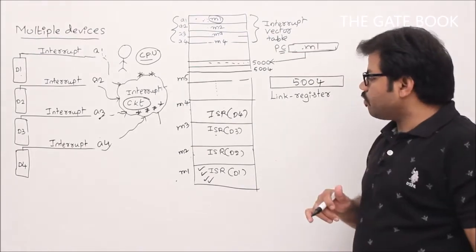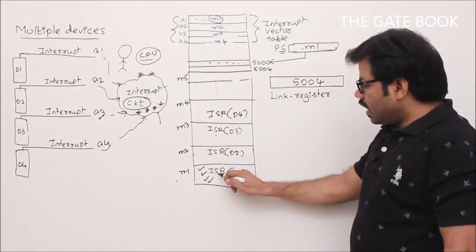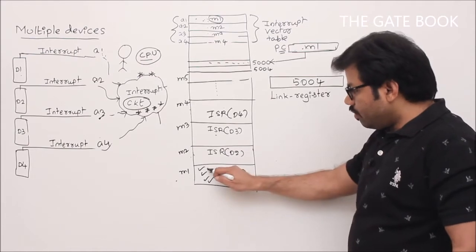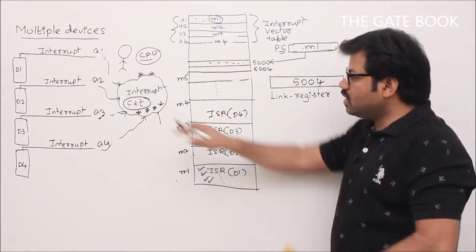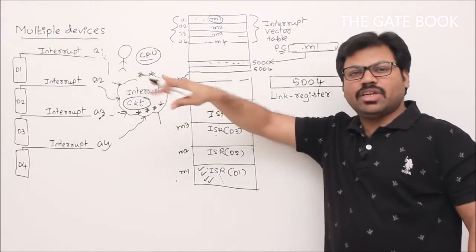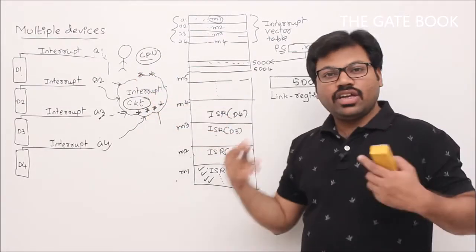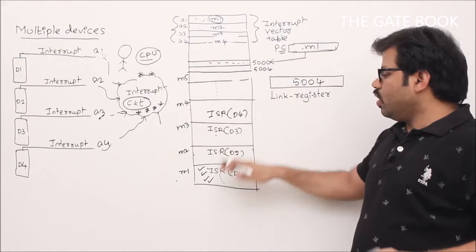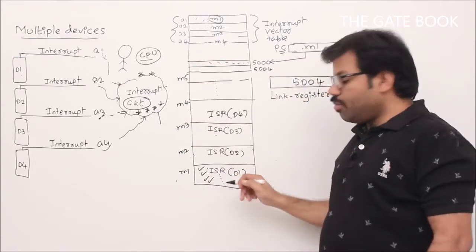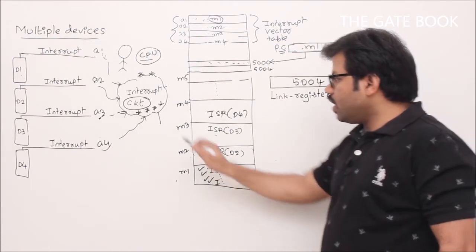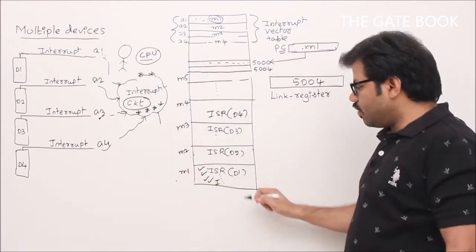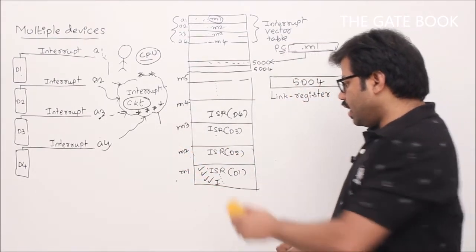Now second thing, this interrupt service routine we have to write. See, there is a programmer responsibility also. What is the hardware responsibility? Hardware is allowing us to jump automatically to the interrupt service routine. But while coming back, we should go to the appropriate place. That's why the hardware is supporting us with one more instruction, return from interrupt.